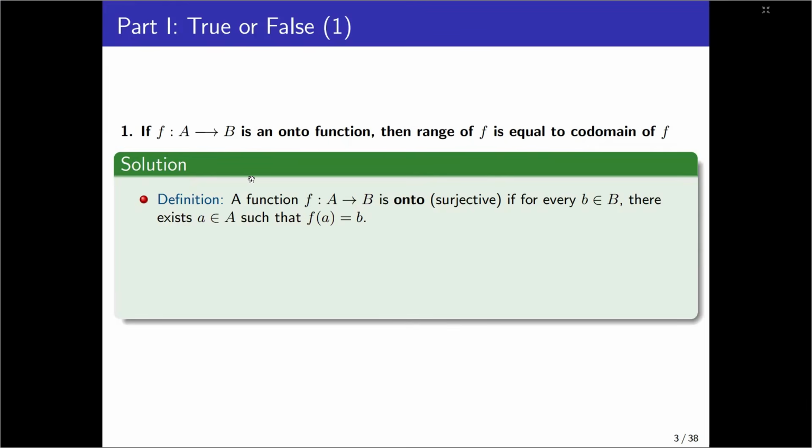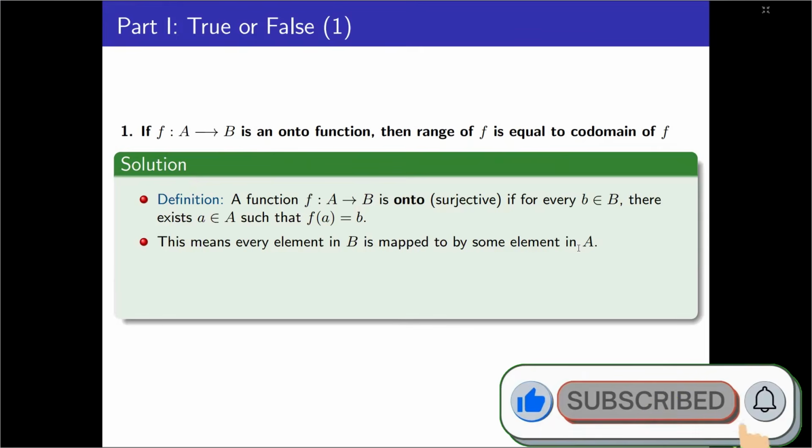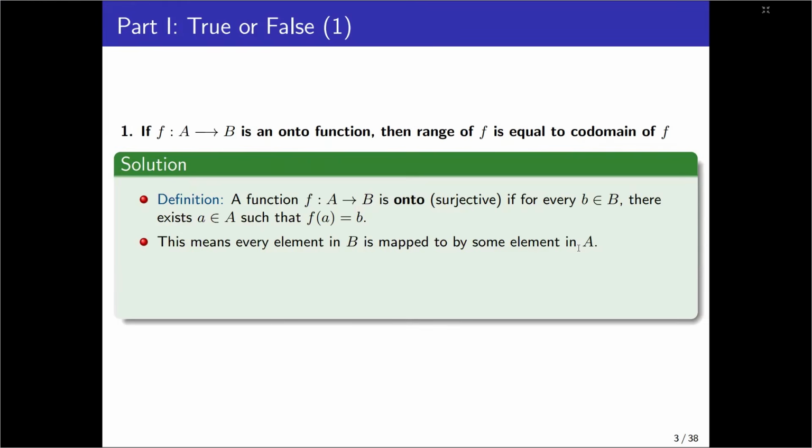That means this function f is surjective if and only if each and every element of B, which is the codomain of this function, is an image of at least one element within the first set, that is set A. Every element of B is mapped to by some element in A. Therefore, the range of f is equal to B, which is the codomain of f. Hence, the given statement is true.